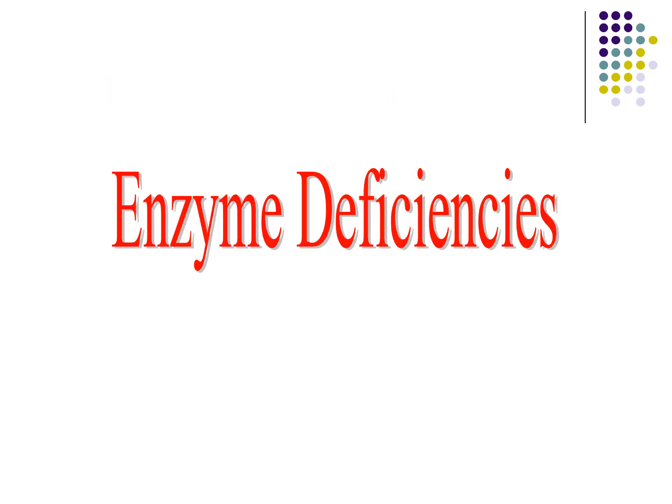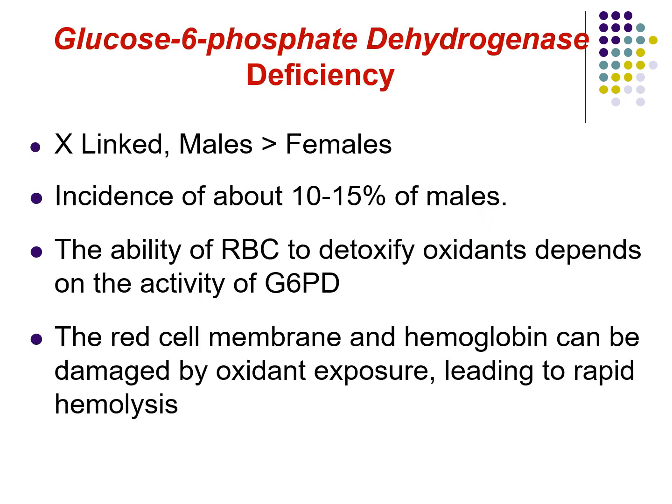Then we come to the enzyme deficiencies, the most important of which is glucose 6-phosphate dehydrogenase deficiency, or G6PD, or what we call locally anemia 4. This disorder is X-linked.